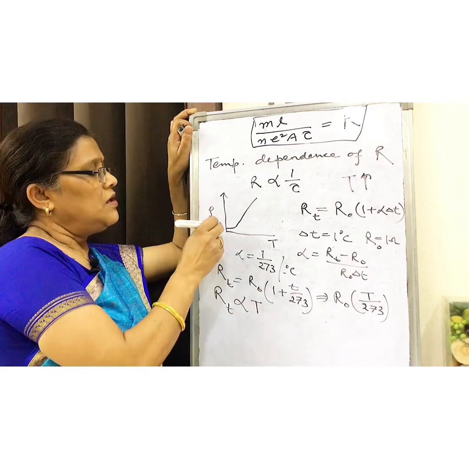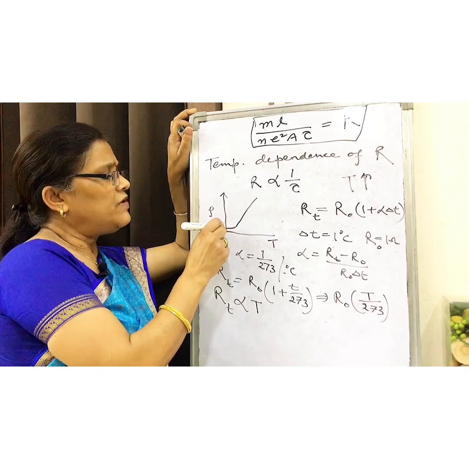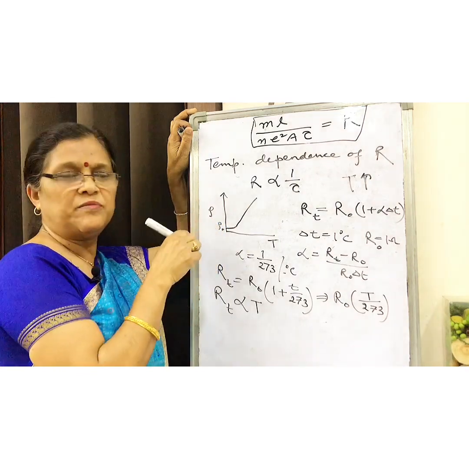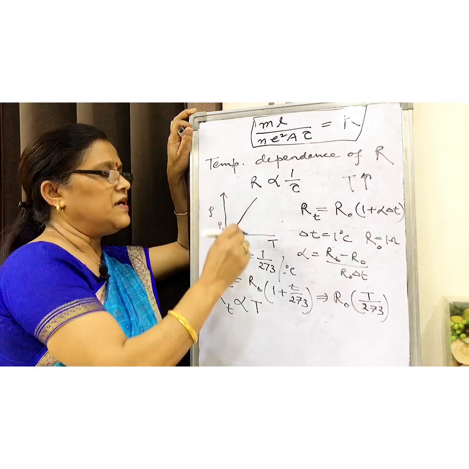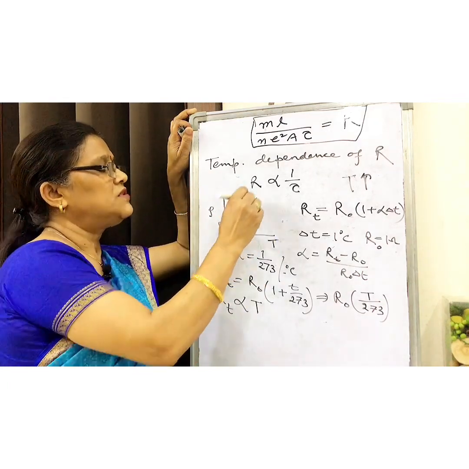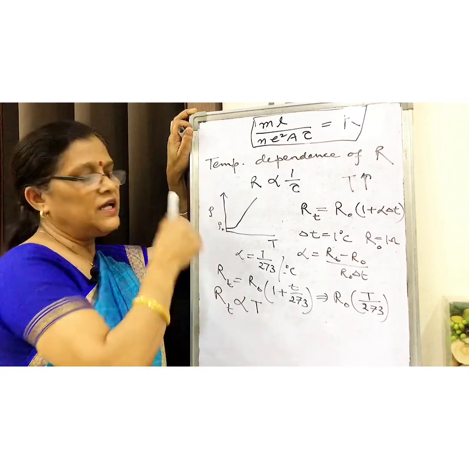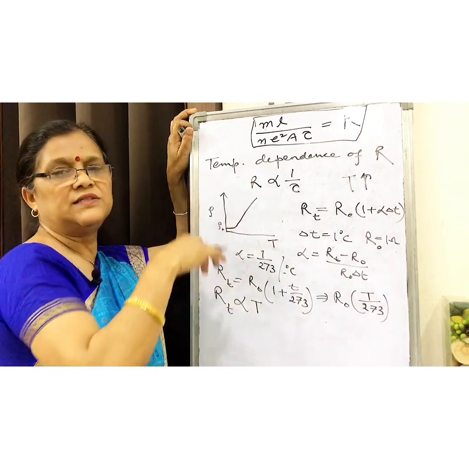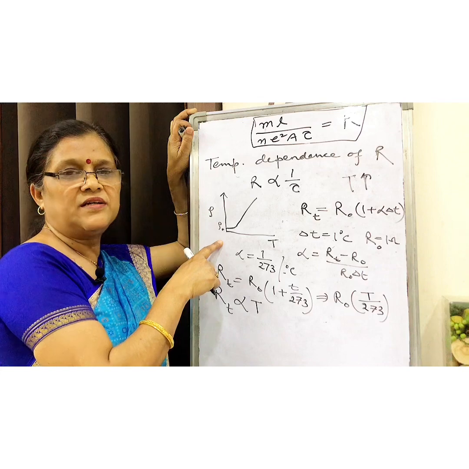From a very small value, initially at 0 Kelvin, the resistivity due to thermal collisions is very nominal. After that, at higher temperature, this resistivity is almost directly proportional to T. So in case of metals, how resistivity or resistance increases with temperature is explained here.